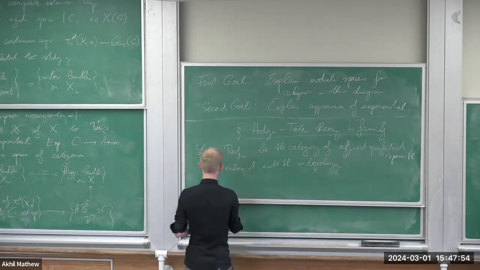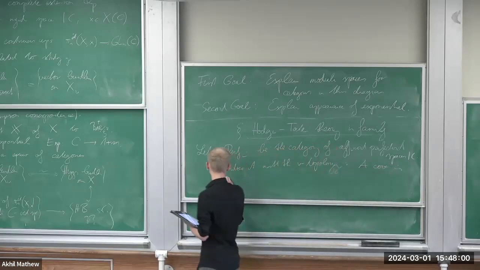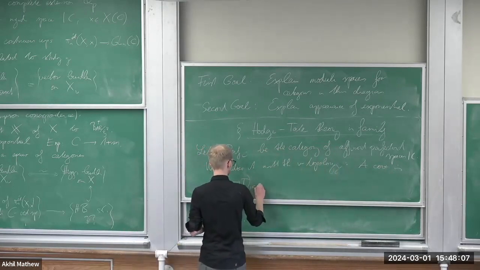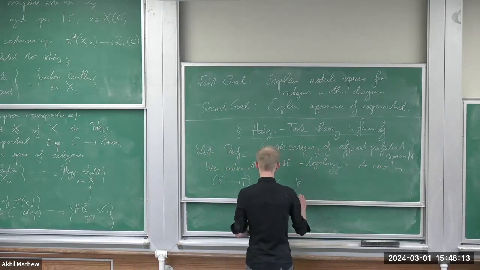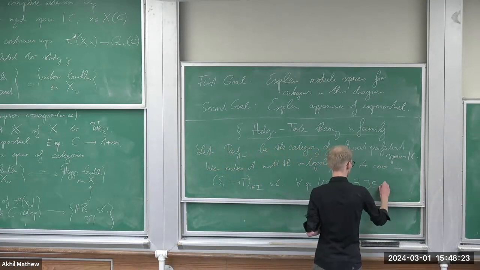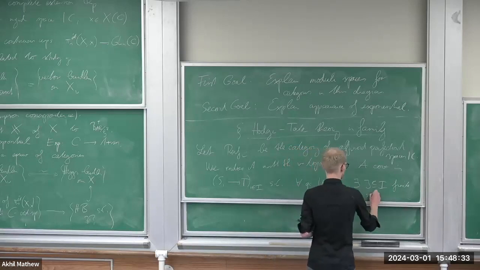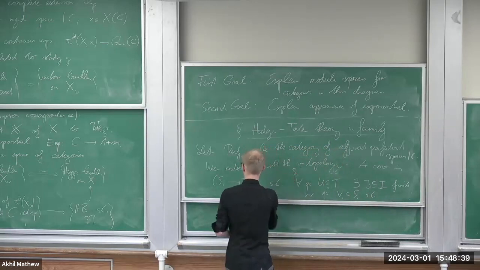So a cover in this category is a family of morphisms between affinoid perfectoid spaces, such that for every quasi-compact open subset, there's a finite collection of indices with quasi-compact open subsets such that the images cover.